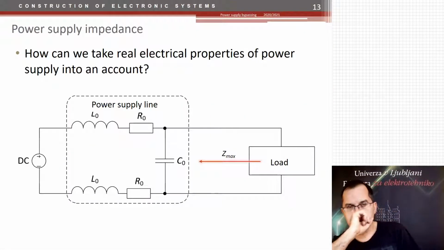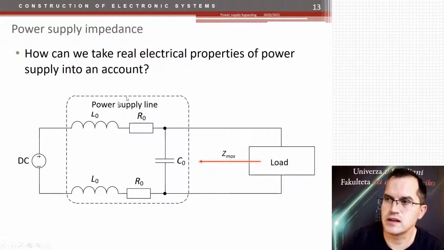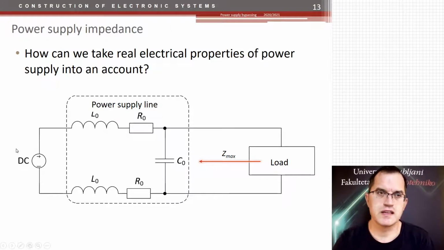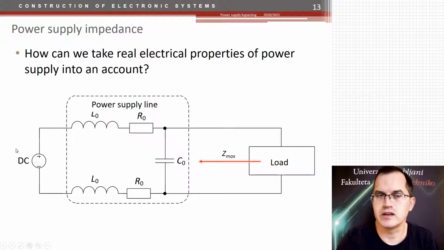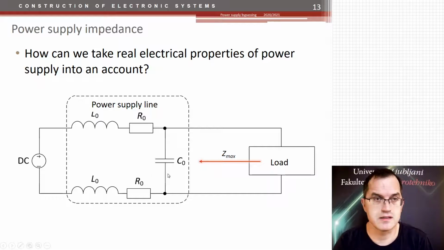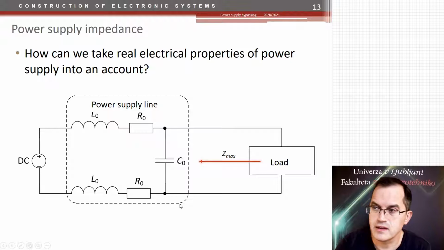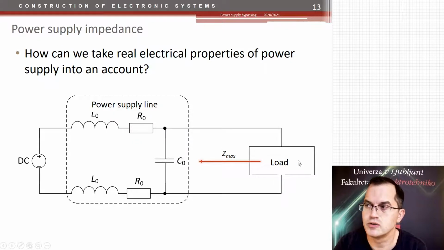So the power supply circuit contains some voltage source. Usually it's a switching mode or linear voltage regulator. And in addition to that, it contains some tracks. These tracks have certain inductance, resistance, and between the tracks and ground there is also some capacitance. So all of that is connecting the power to the load.